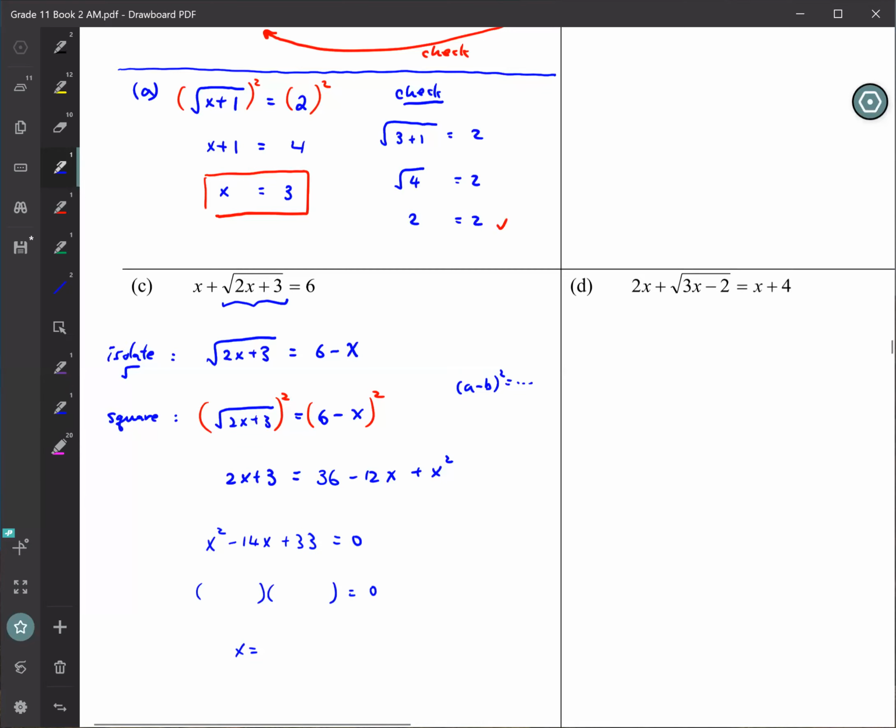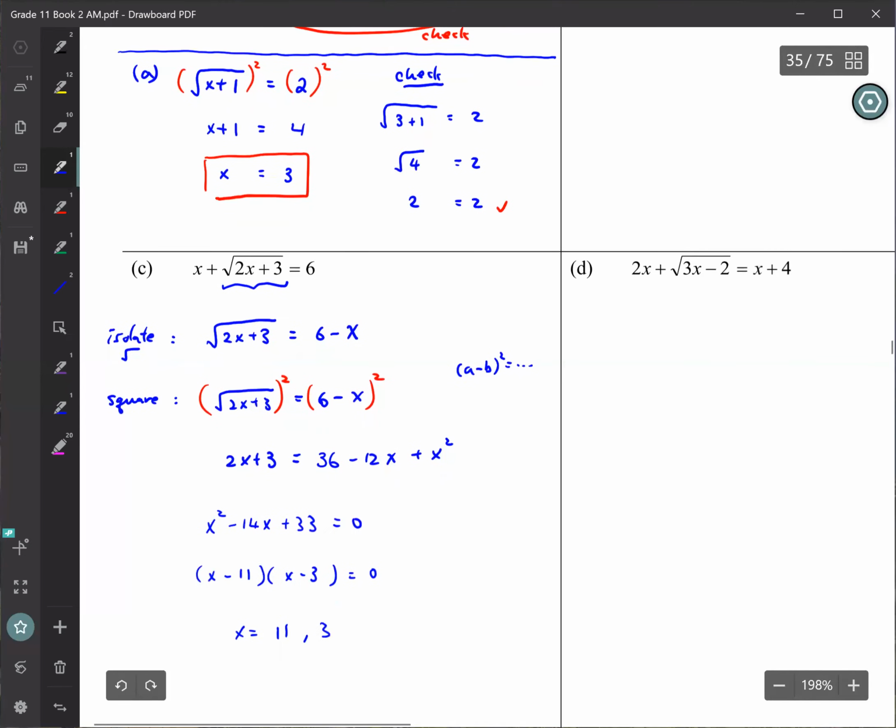Okay, so Sarah, what are the two answers? X minus 11? Yeah. Oh, wait. 11 and 3. Okay, so the factors will be x minus 11 and x minus 3. So we found our answers, right?